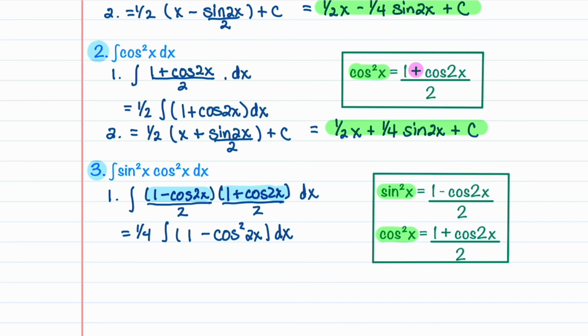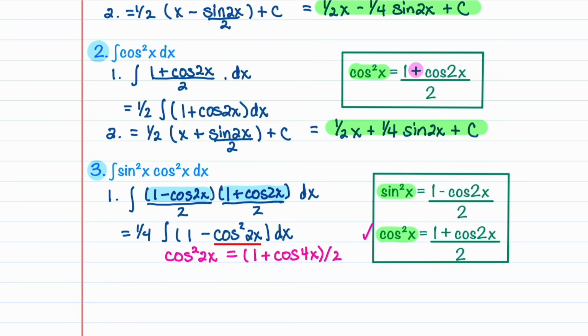Now, what we have to do is keep using these power-reducing identities until we have no squared term left. So we'll use the power-reducing identity for this term. Let's write that out before we use it because the angle is a little different. Cosine squared 2x is going to be equal to (1 plus cosine 4x) divided by 2. We double the angle, so 2x becomes 4x.